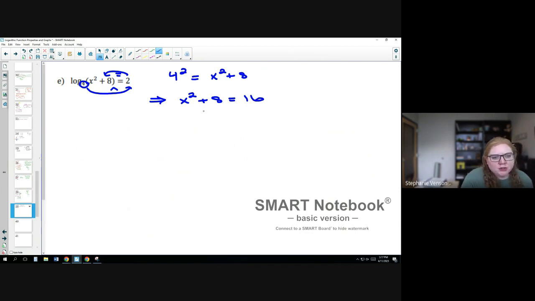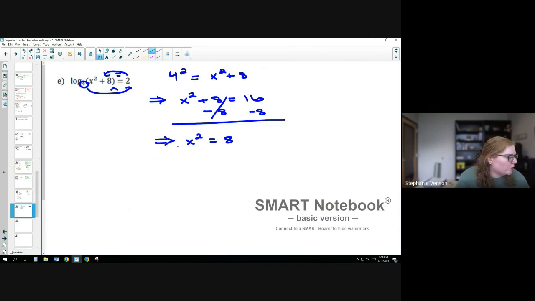Okay, so I'm going to continue to solve this by subtracting 8 from both sides. So I have x squared is equal to 8. Now I know I can get rid of a square by taking the square root of both sides. So I'm going to have the square root of this side, square root of this side, but I got to do plus or minus.